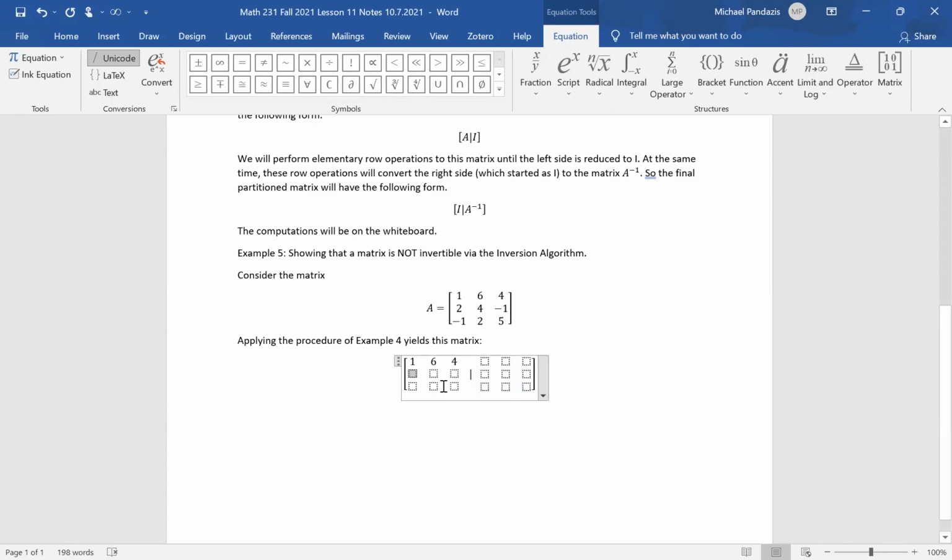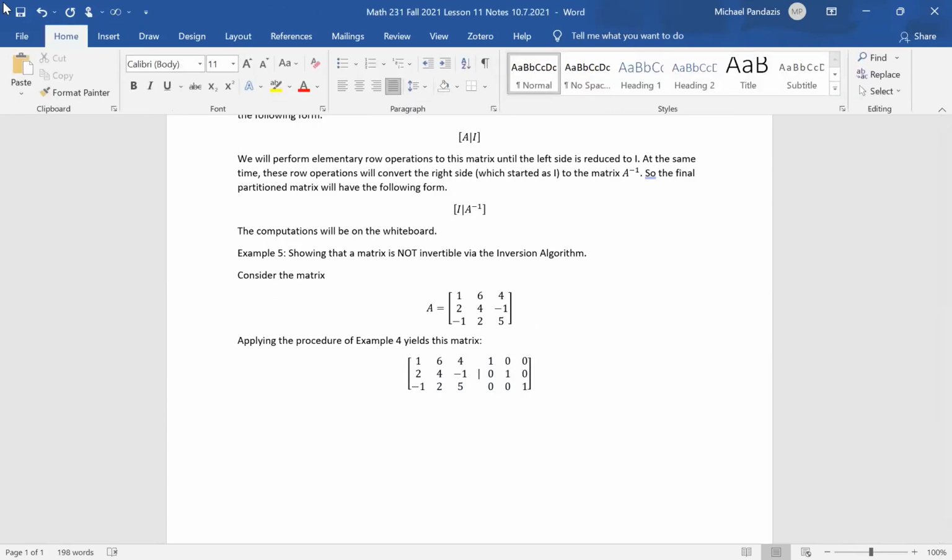Okay, so you start out with this. You have 2, 4, negative 1, negative 1, 2, and 5. And on the right side, you have the identity matrix. You just do an elementary row operation on it, and then we'll see what happens.